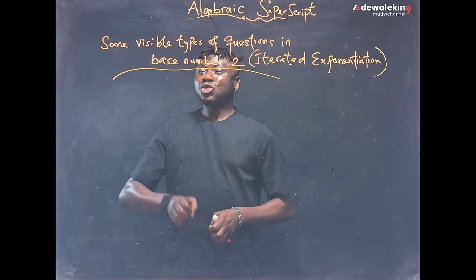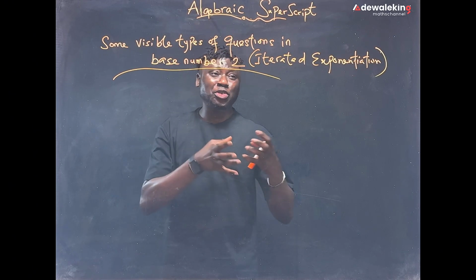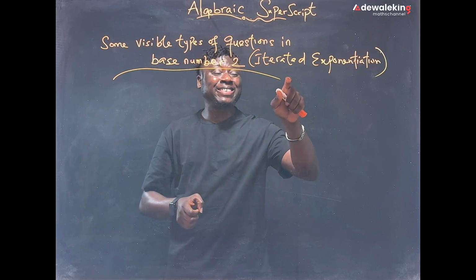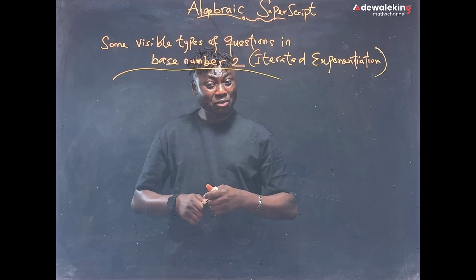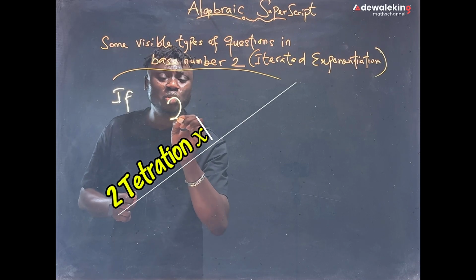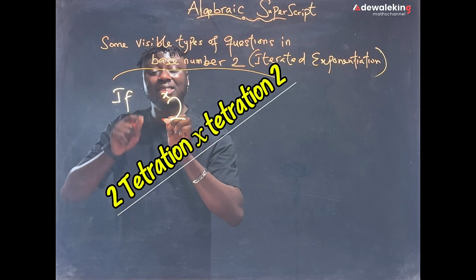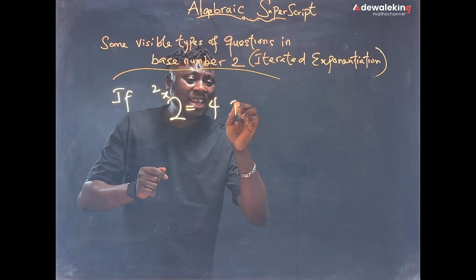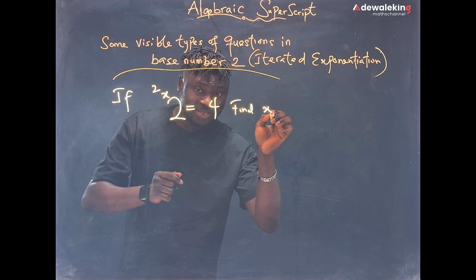Let's look at some possible types of questions in base 2 that you can be asked under iterated exponentiation. For instance, you can be asked: if 2 tetration x tetration 2 is equal to 4, find x.